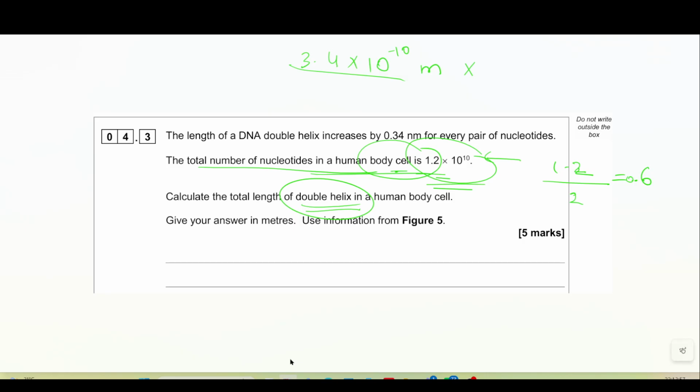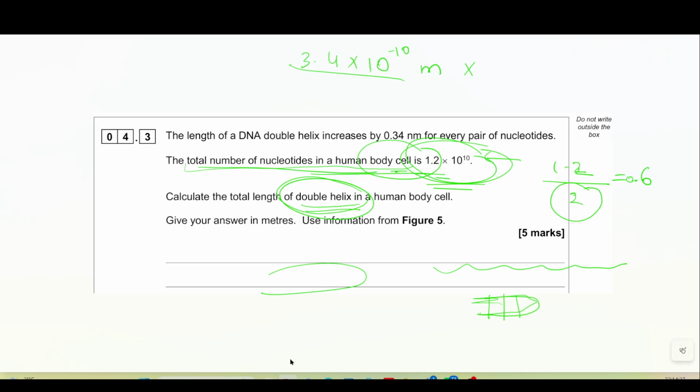So why is it divided by two? Because this is the given total number of nucleotides, but we are finding the total length of the double helix. Suppose this is a single strand; if we double it, the length becomes half, right? That's why we are dividing it by 2.